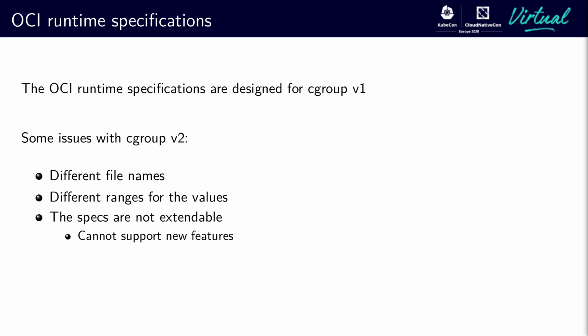It's meant only for custom extensions, not for something like cgroup v2 support. The first two problems are somehow solved today, and I'll show you how in the next slide. For the third one, I opened a proposal for extending the runtime specifications and adding native support for cgroup v2.